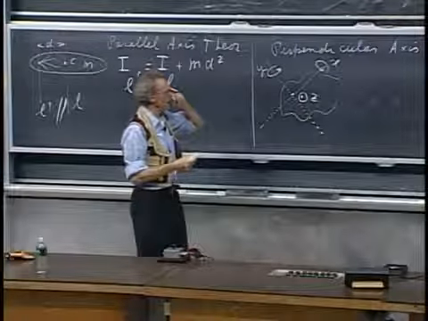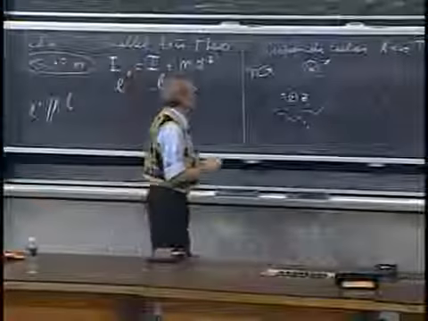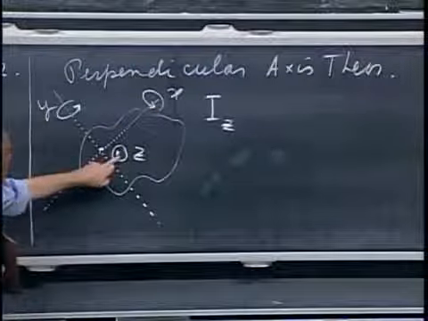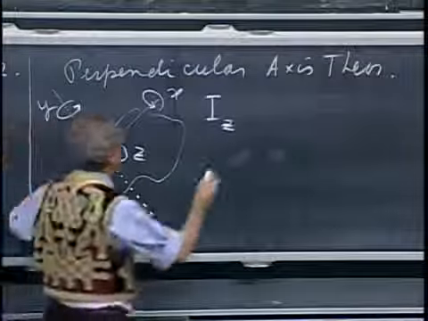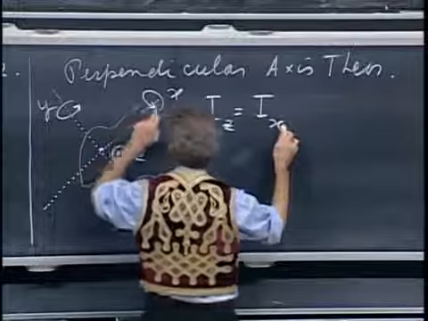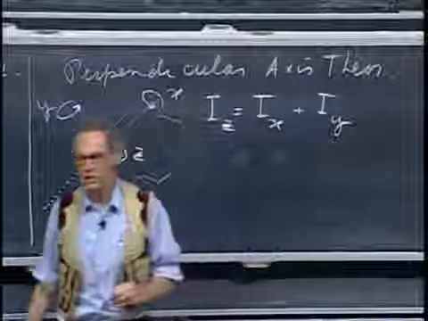And then the perpendicular axis theorem, which your book proves in just a few lines, tells you that the moment of inertia for rotation about the z-axis is the same as the moment of inertia for rotation about x plus the moment of inertia for rotation about the axis y.